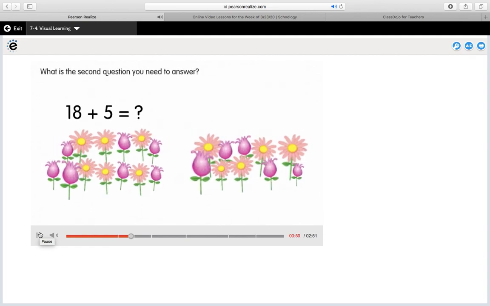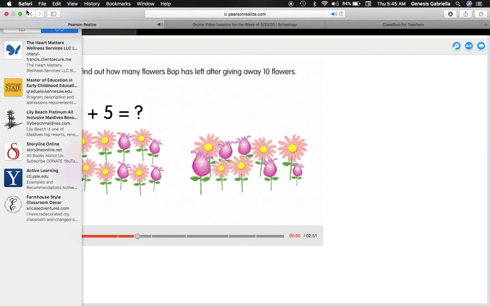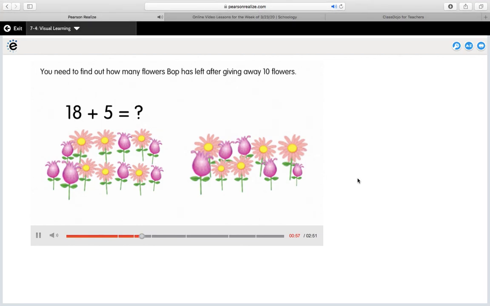What is the second question you need to answer? The second question, we learned that I believe they lose some flowers. So we need to figure out how many they had left once they lost those flowers. You need to find out how many flowers Bob has left after giving away 10 flowers.